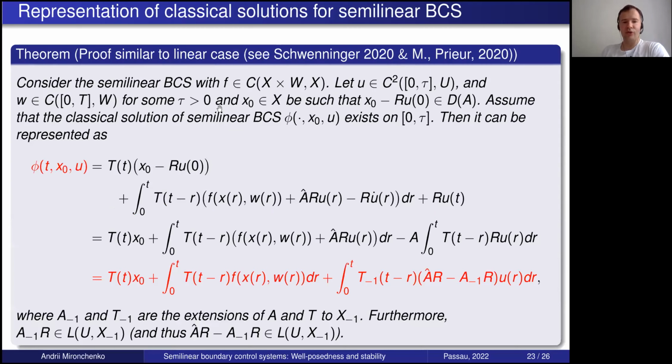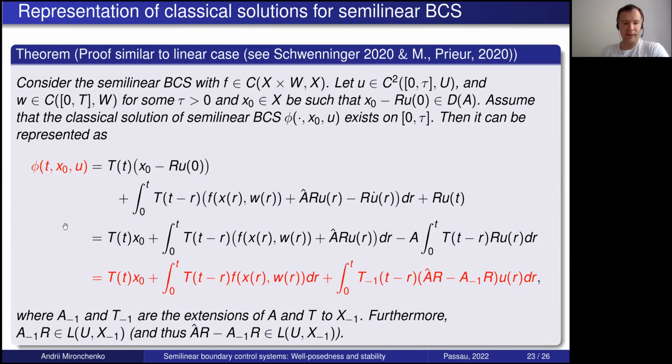Any classical solution can be represented for this boundary control system in a variety of ways. In particular, it can be represented in this form for any C2 input U. And when we look at this formula, we see that this is something we are familiar with.